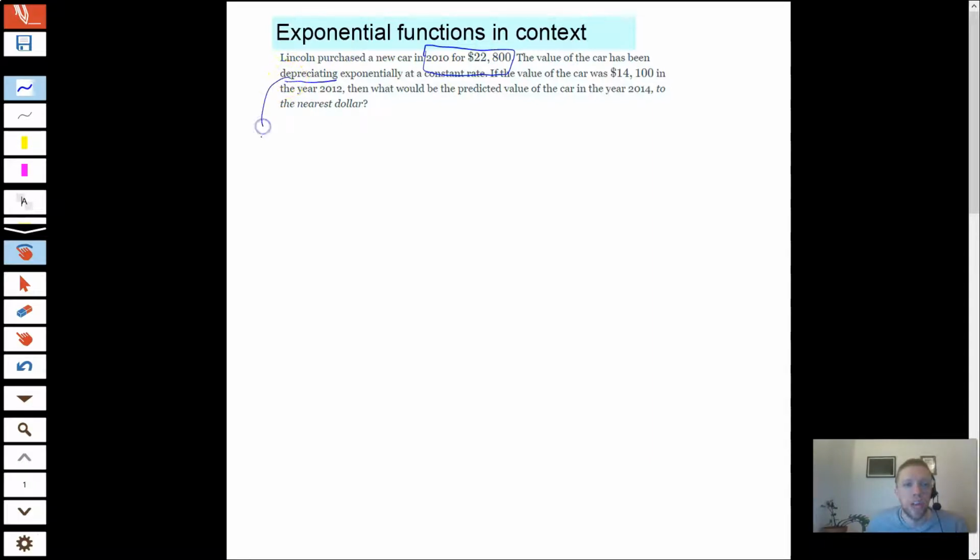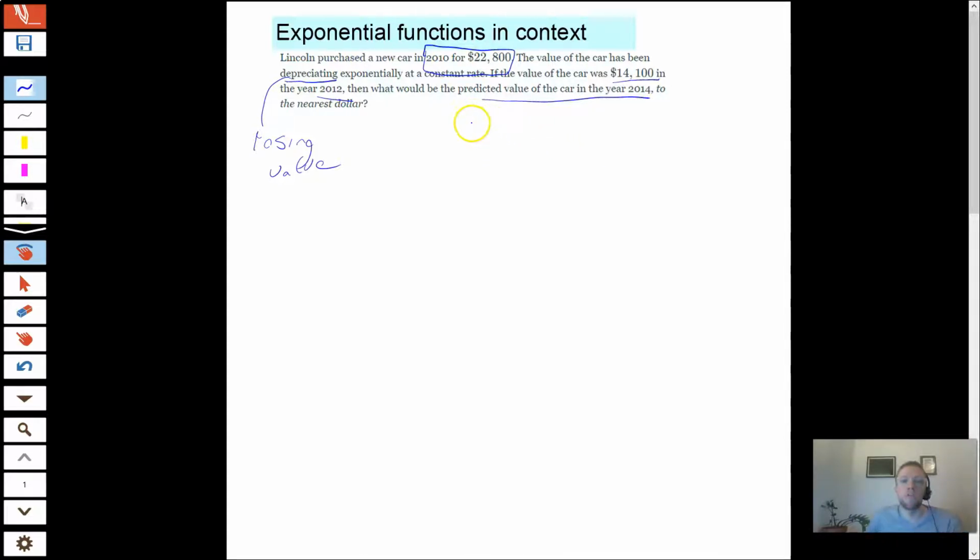Depreciating means losing value, which you could have gotten from context. So once you buy a car, as soon as you drive it off a lot, it starts to be worth less money, right? The value of the car was $14,100 in 2012, and then we want to know the value of the car in 2014 to the nearest dollar.